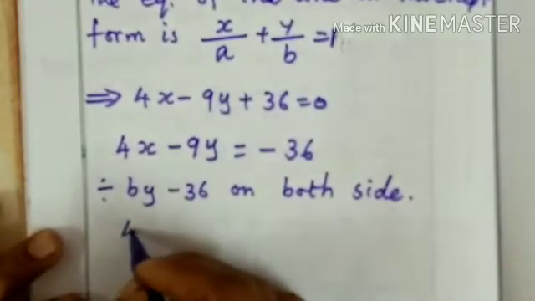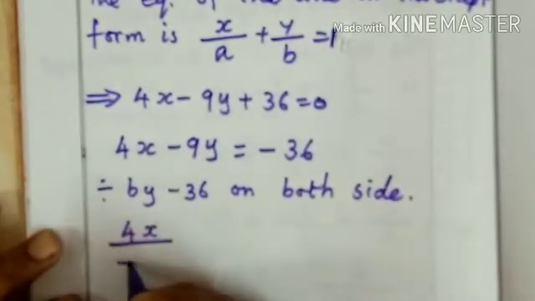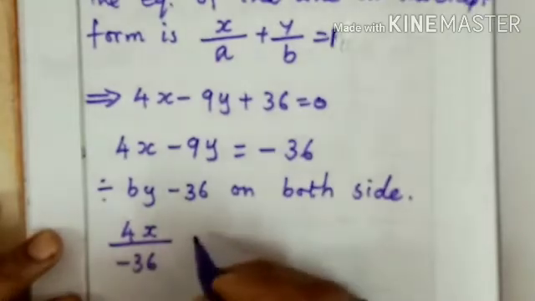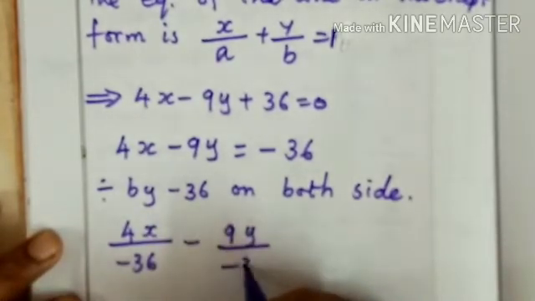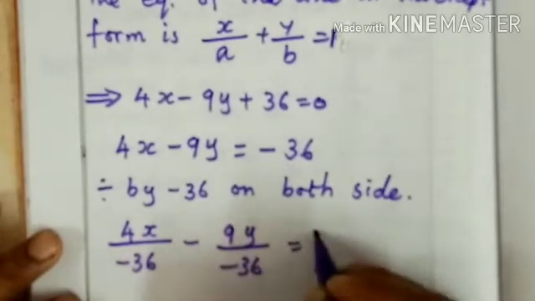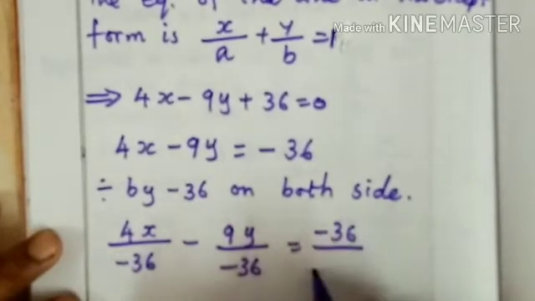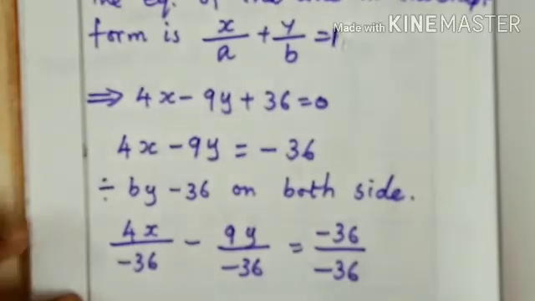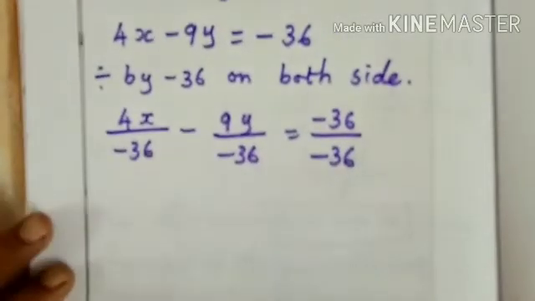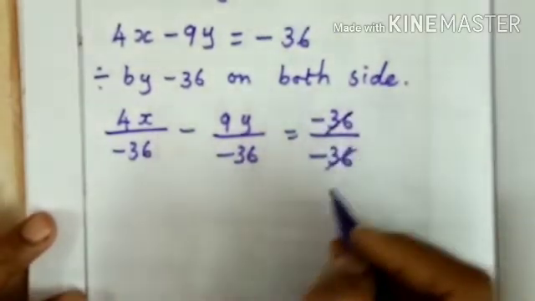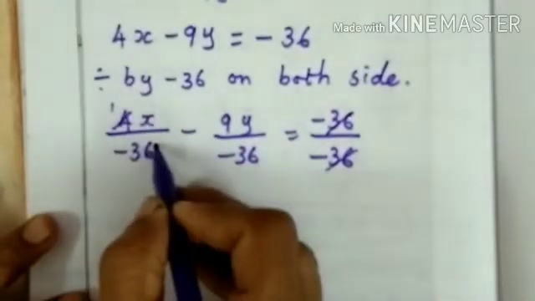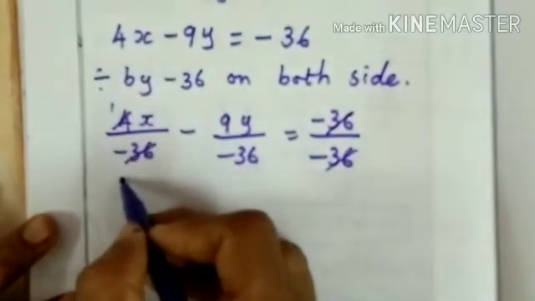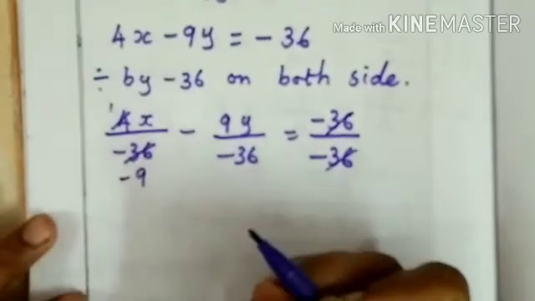Then we get 4x by minus 36 minus 9y by minus 36 is equal to minus 36 by minus 36. Now you have to simplify. Here 4 times 9 is 36, that is minus 9.